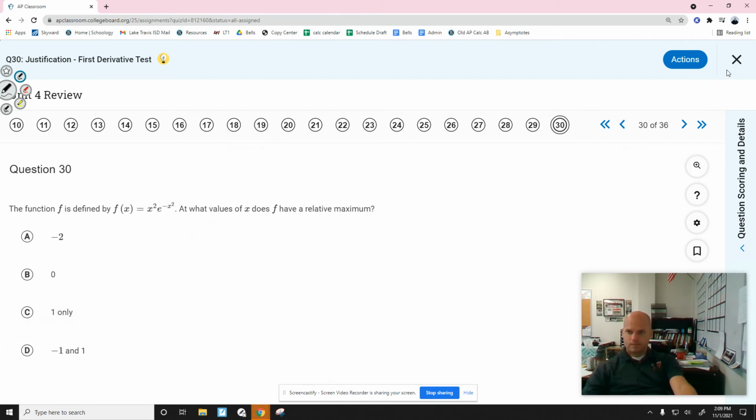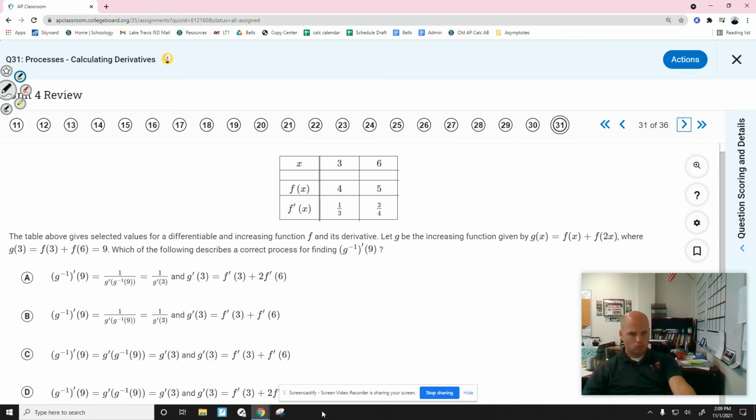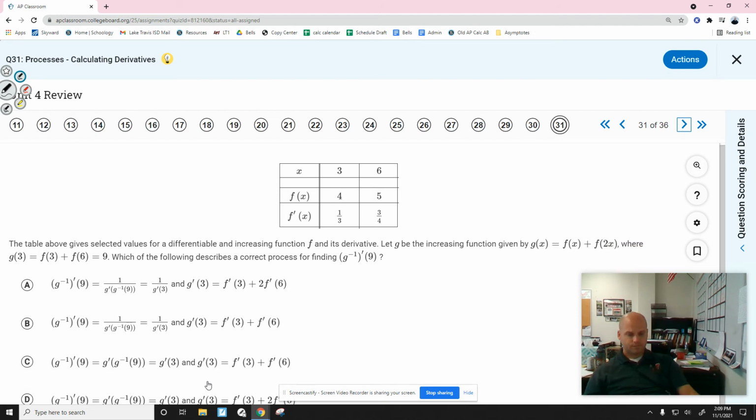That is next. Okay, let's see. The table above gives selected values for a differentiable and increasing function f and its derivative. Let g be the increasing function given by g of x equals that, so g of 3 equals f of 3 plus f of 6, which is 9.